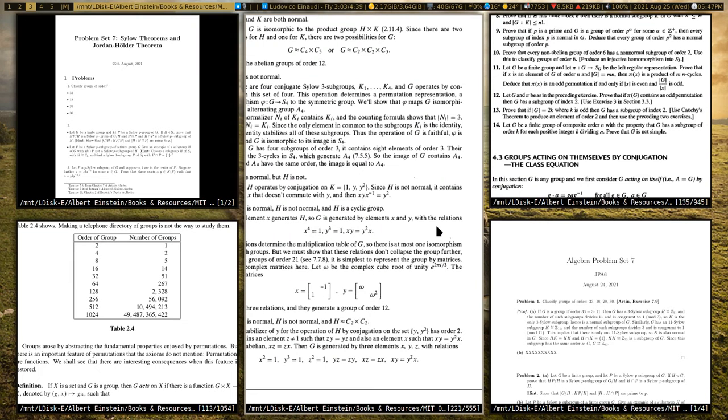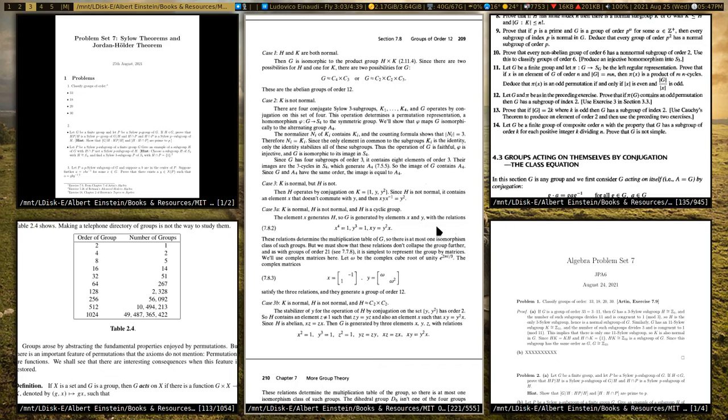And the normalizer of H1 is a subgroup of K? Yeah. It's a normal subgroup? Yeah. So the only subgroup of K of order 3 is going to be the subgroup generated by X cubed.